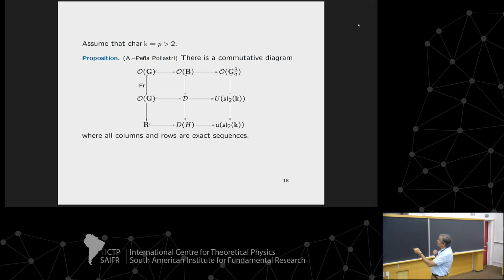So we discussed with Hector a lot about whether this map will be a bijection between the irreps of D and the irreps of U of SL2K. So a priori, there is no reason why this will happen. No obvious reason, at least for me.